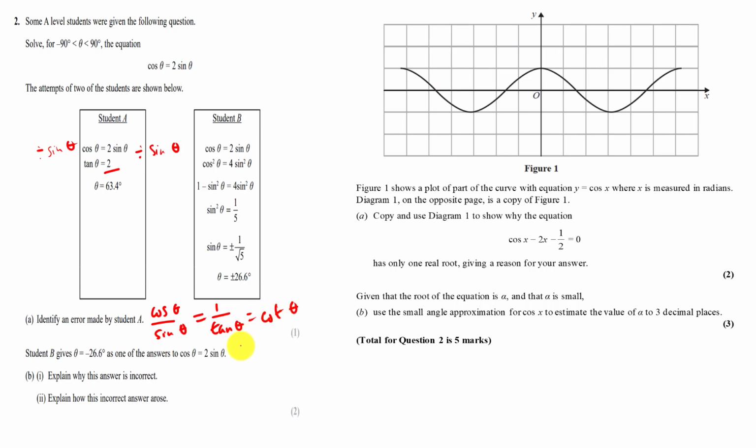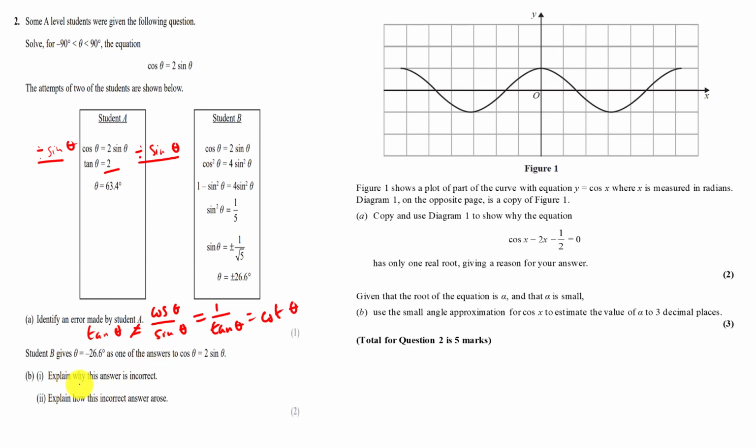So you would say that they divided by sine theta, and that was a mistake because that does not equal tan theta. Obviously write that as a sentence, that will give you 1 mark.